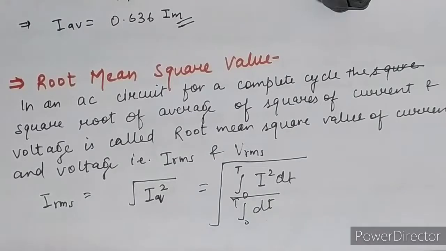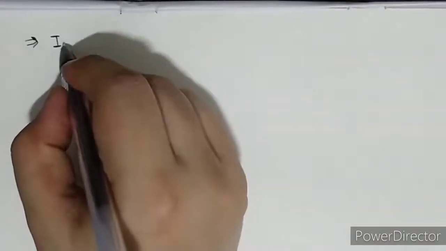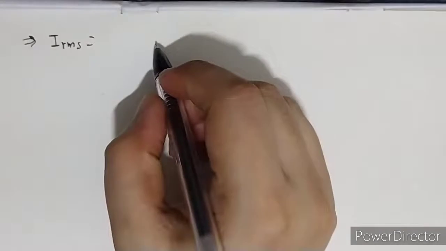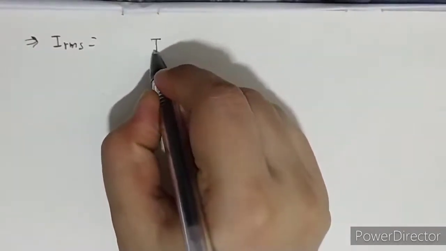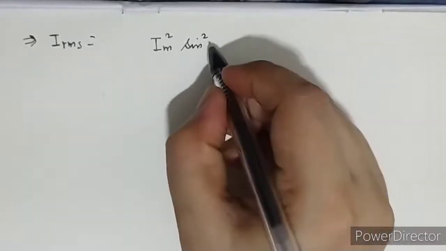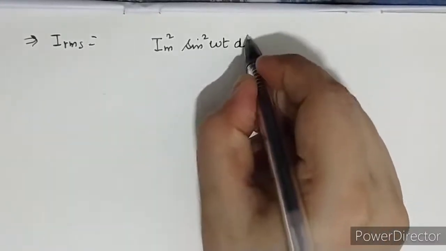Clear? So I am writing its value like this. I RMS is equal to, first of all, the root value. The root value will be of I square, meaning Im square sine square omega t dt.